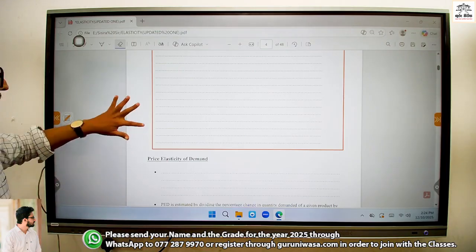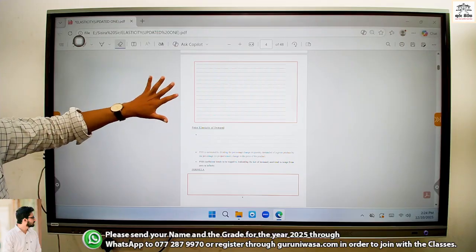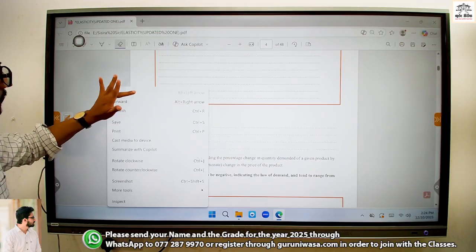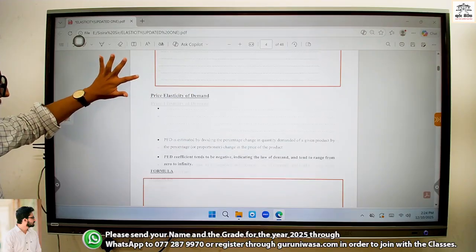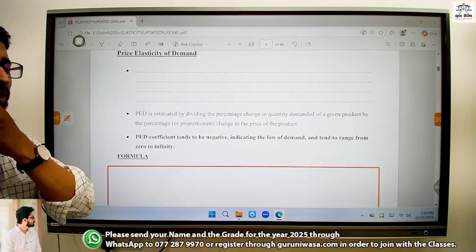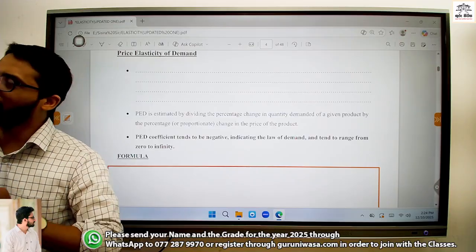Okay, Lamai. Price elasticity of demand, put a star. Now you know, Lamai, what is meant by price elasticity of demand. You can make your own equation, Lamai.